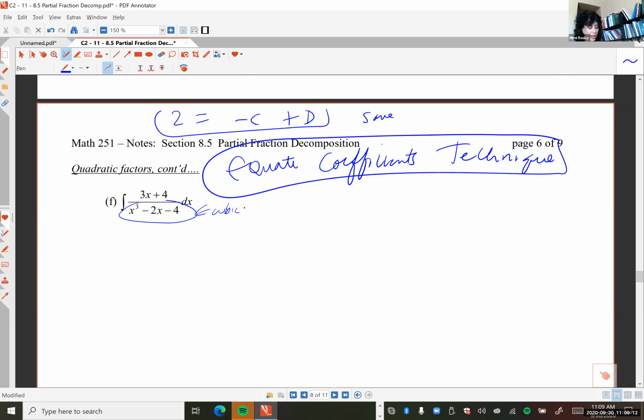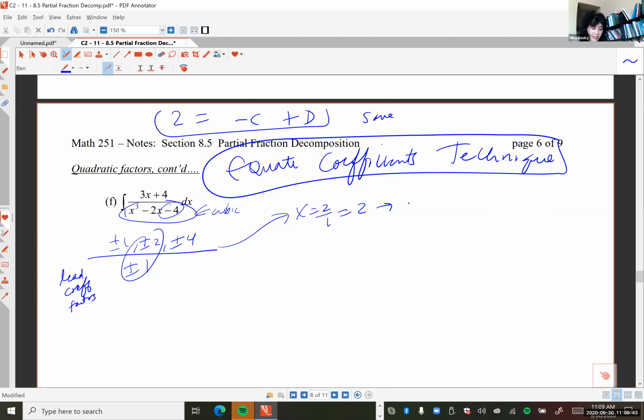So if you recall the rational roots theorem, which says think of all the different ways of factoring the constant term and divide it by all the different ways of factoring the lead coefficient, and then put all those possibilities together, if this does have a rational root, it would be one of these numbers. It's not a guarantee that you'll have a rational root, but it's really nice. So it turns out that x equals 2 over 1, which is 2, is a root of this polynomial.